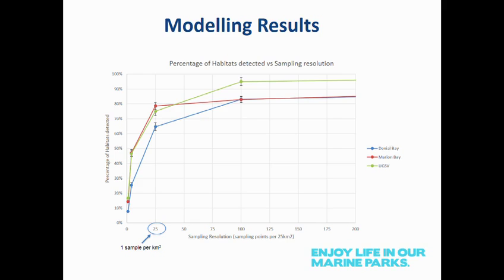The other thing is that if you increase the effort you're putting into this and quadruple it to 100 points, 4 times the amount of sampling effort, you're only really picking up a few extra species, and again, they're probably ones that are not as largely represented spatially.